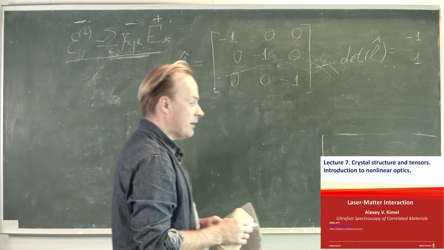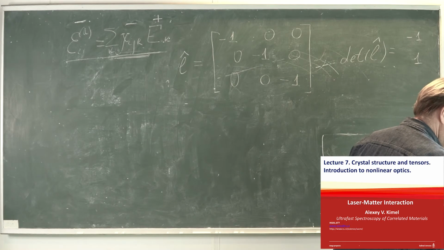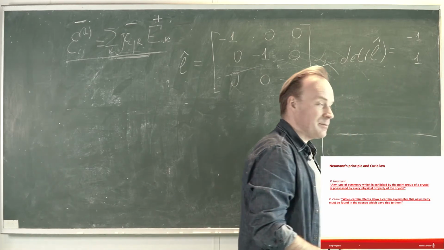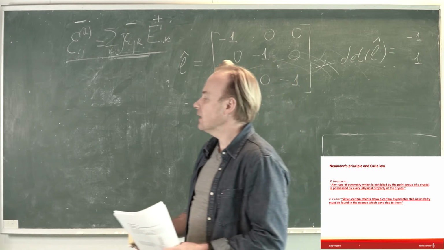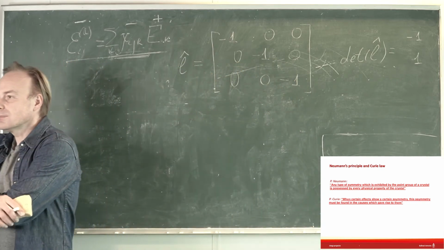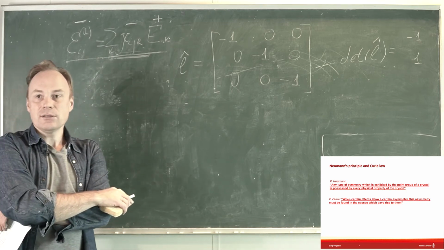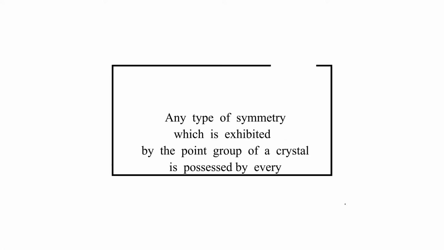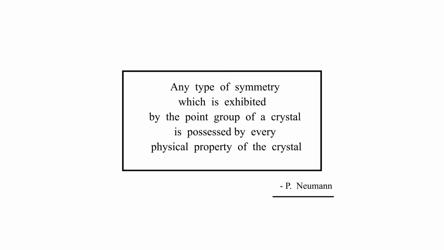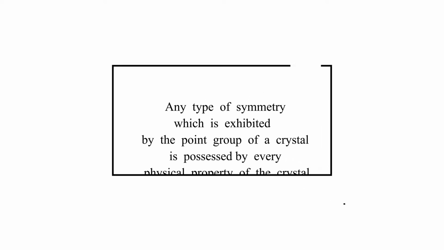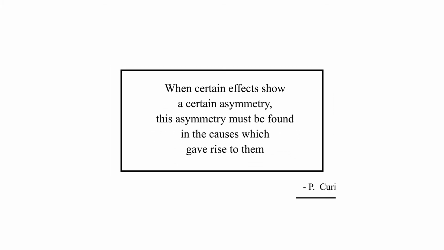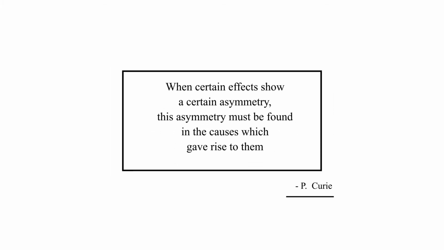And here we arrive at a very important principle in physics, which is called Neumann's principle, and very similar to this principle, another formulation of a very similar statement is called Curie's law. Any type of symmetry which is exhibited by the point group of a crystal is possessed by every physical property of the crystal. Or similarly, in the formulation of Curie, when certain effects show a certain asymmetry, this asymmetry must be found in the causes which gave rise to them.